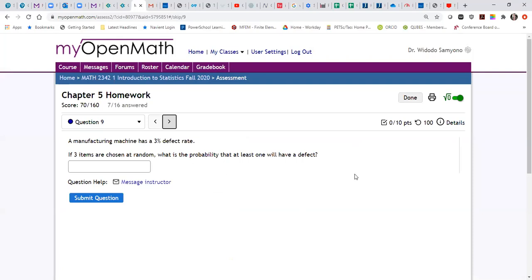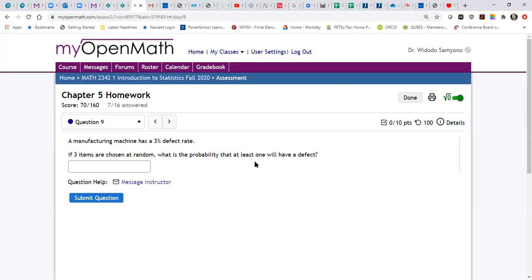Okay, so this one is a little bit different. Can you see the problem here? So for this problem, this is the probability, right? At least one will have a defect.